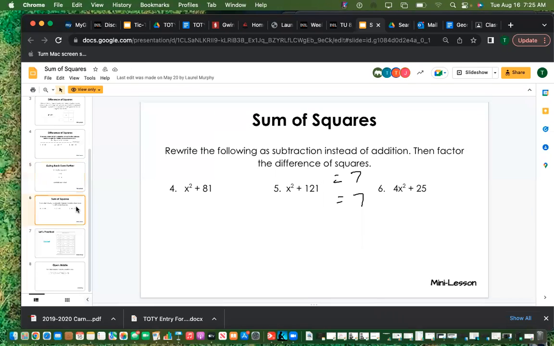Now, when we look at this, we're going to rewrite the following as a subtraction instead of addition, and then factor the difference of squares. Okay, so again, we're going to write this as a subtraction instead of addition. Okay, so how are we going to write this? We're going to say x squared minus negative 81.